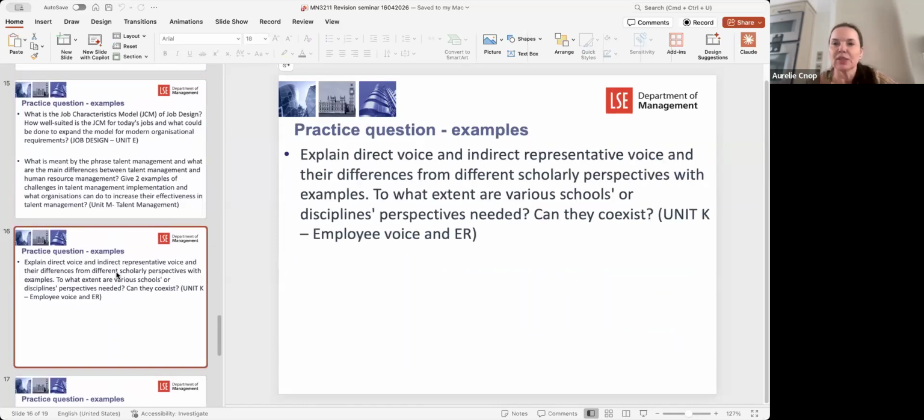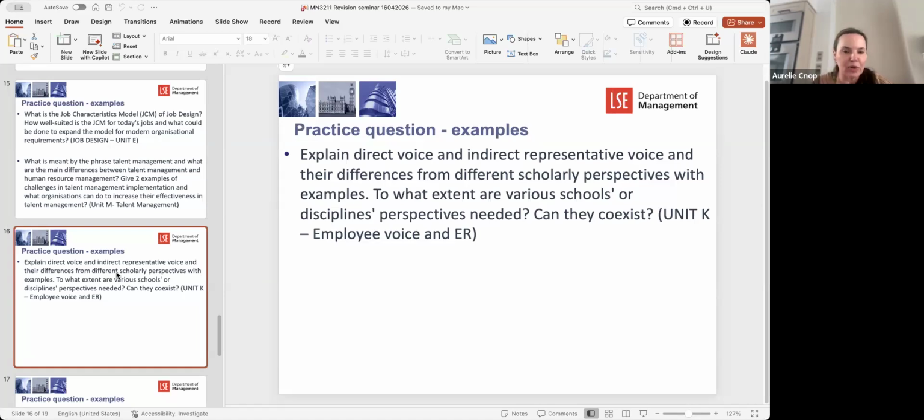Then the last practice question that is given to you is on direct voice. Explain direct voice and indirect representative voice and their difference from different scholarly perspectives, with examples. To what extent are the various schools in terms of employee voice and discipline perspective needed, and can they coexist?